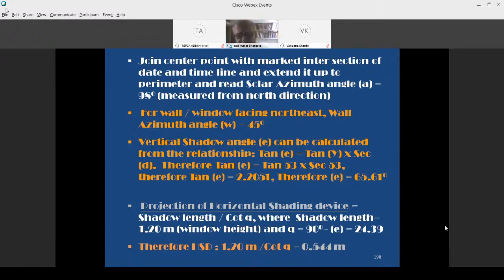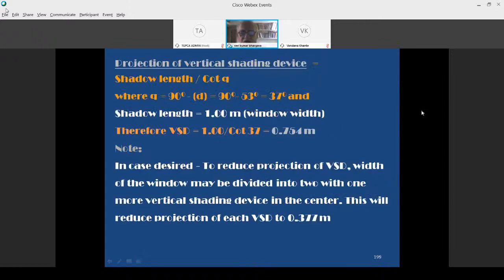I am using the words very much practically possible because, friend, sometimes you may come across a condition where the sun is at a lower altitude angle and you want to protect against that sun using a horizontal shading device. Mathematically, when you calculate, it may come to 3 meters, 4 meters, something like that, and your shutter might enter the neighboring property or the road.